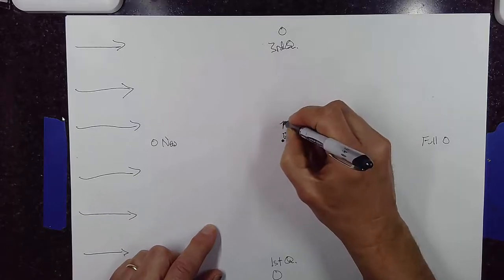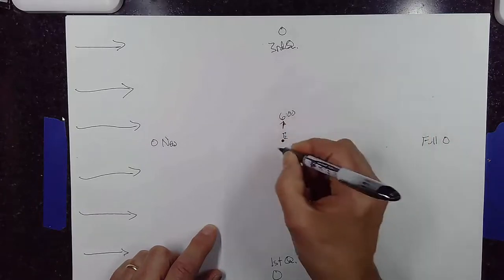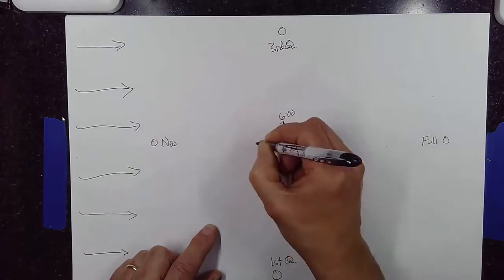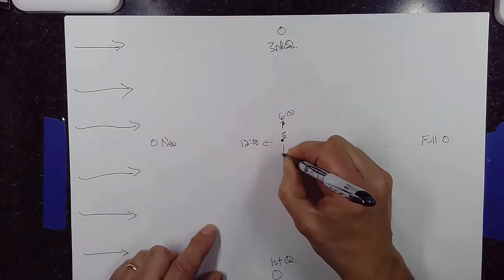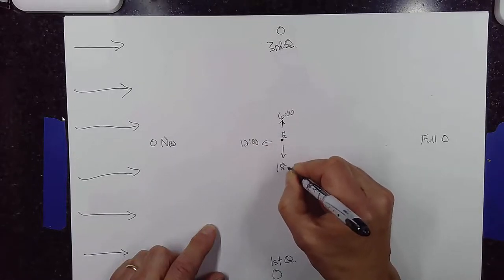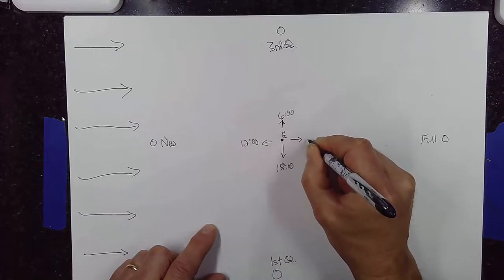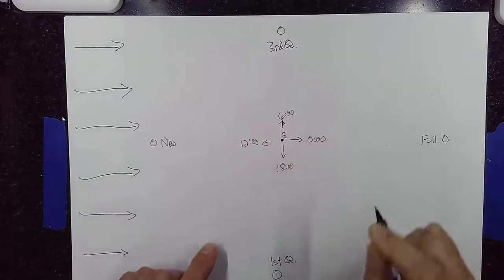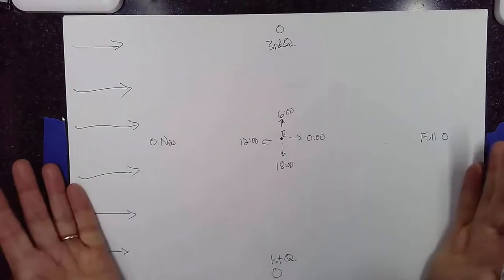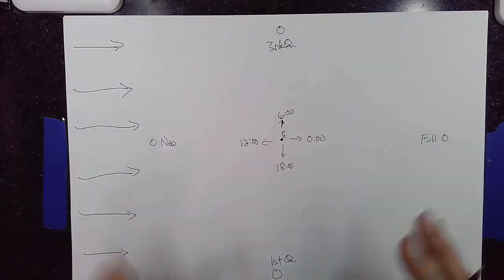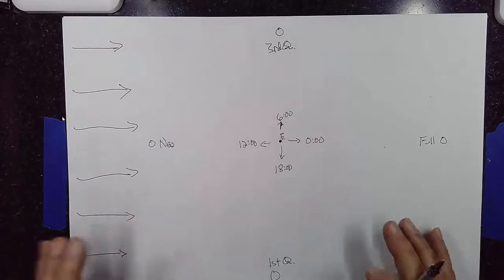Put an arrow here and call this 600 hours. Put an arrow in this direction and call it 1200 hours. An arrow in this direction and 1800 hours, and then an arrow in this direction, and this will be 0 hours. And I'm narrating this as I'm going, but you might want to practice making a diagram like this, and I'll show you some things you can fill in on it a little later to help yourself out.